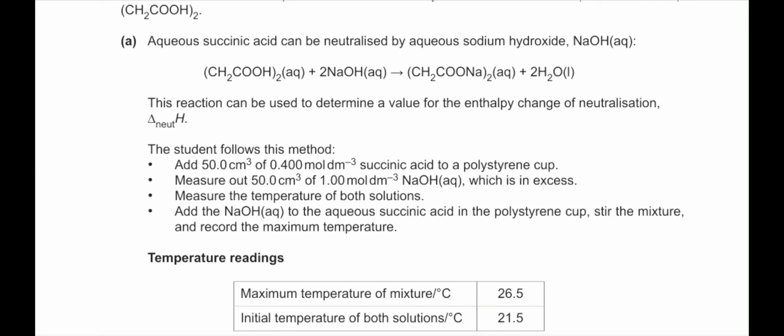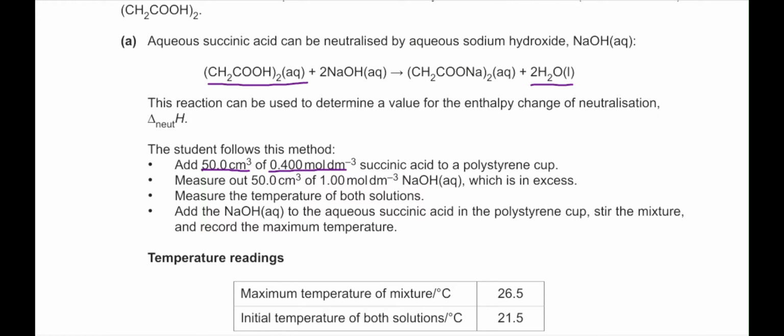The question has already told us that NaOH is in excess, therefore succinic acid is the limiting reagent. So based on the volume as well as the concentration of succinic acid, we can calculate the number of moles of succinic acid used up in this reaction. And from there, we can calculate the number of moles of water formed.